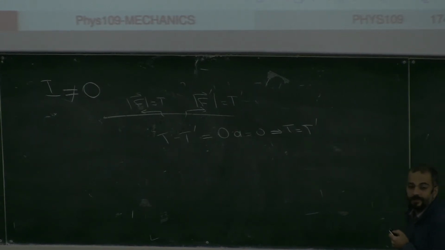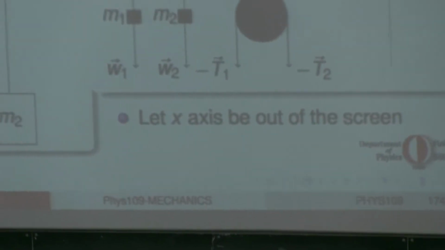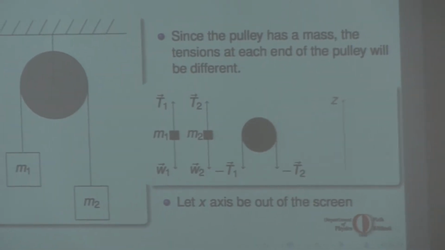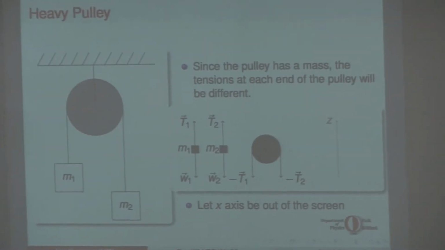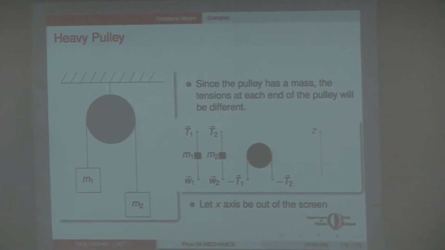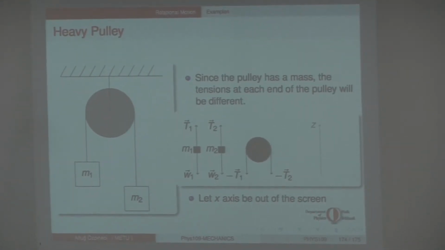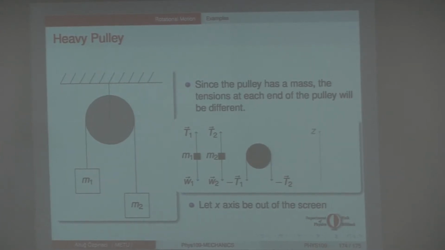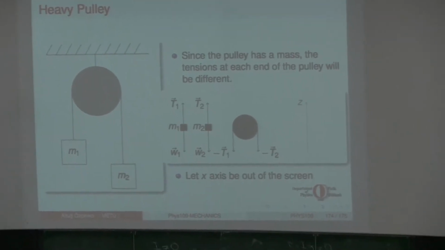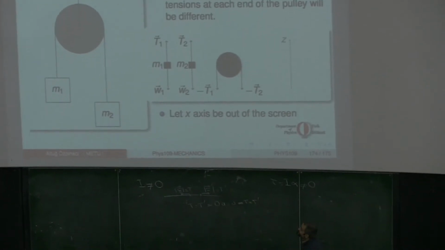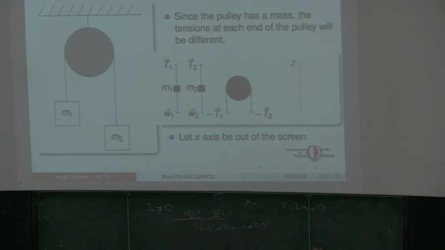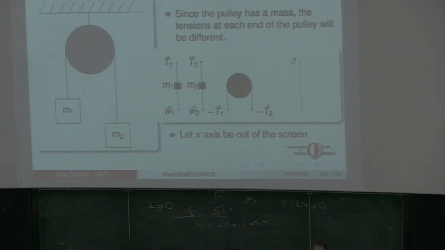It will have some angular acceleration. But since its moment of inertia is not zero, and it has a non-zero angular acceleration, the torque acting on it, which should be its moment of inertia times its angular acceleration, should be non-zero. So the tensions in the string on the left-hand side and on the right-hand side should create a net torque acting on my pulley.